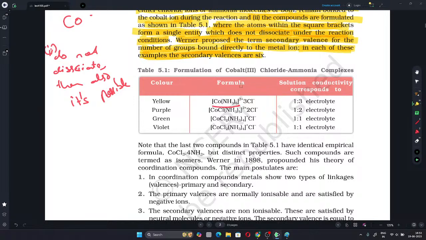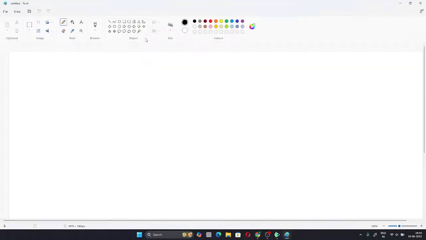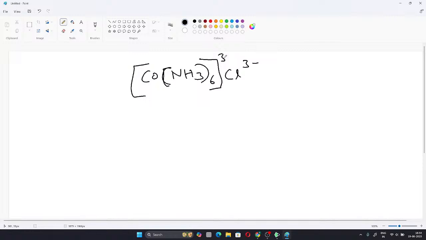In this case, they are saying the first example is [Co(NH3)6]Cl3, with a charge of 3 minus, 3 plus.